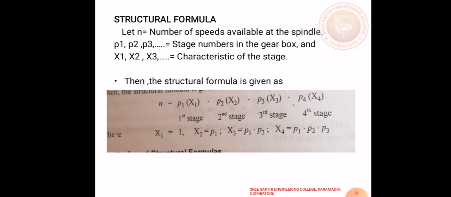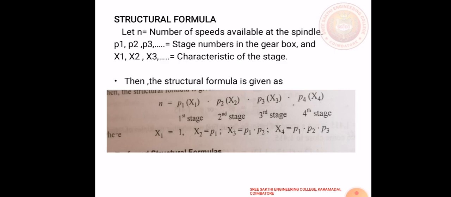Next, structural formula. It is a must while designing the gearbox. So what is the structural formula? Structural formula: n equals P1 into x1 into P2 into x2 into P3 into x3 into P4 into x4, etc. Here P1 into x1 is called stage 1, P2 into x2 is called stage 2, respectively.